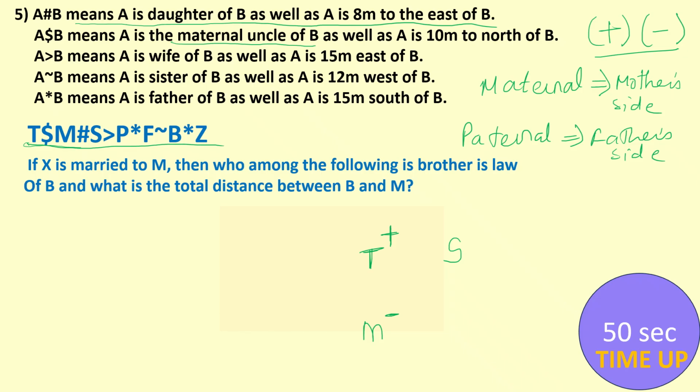When he has the sibling, and it can be a male or female. And that male or female is having a child. Then for that child, T will be maternal uncle.